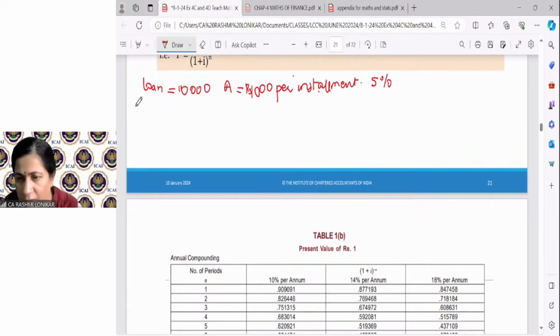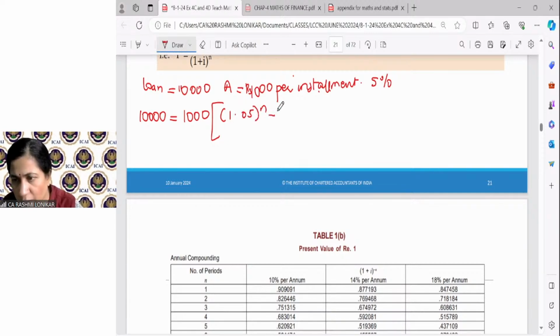What I have is 10,000 equals 1,000 into bracket 1.05 raised to n minus 1 upon 0.05 into 1.05 raised to n.